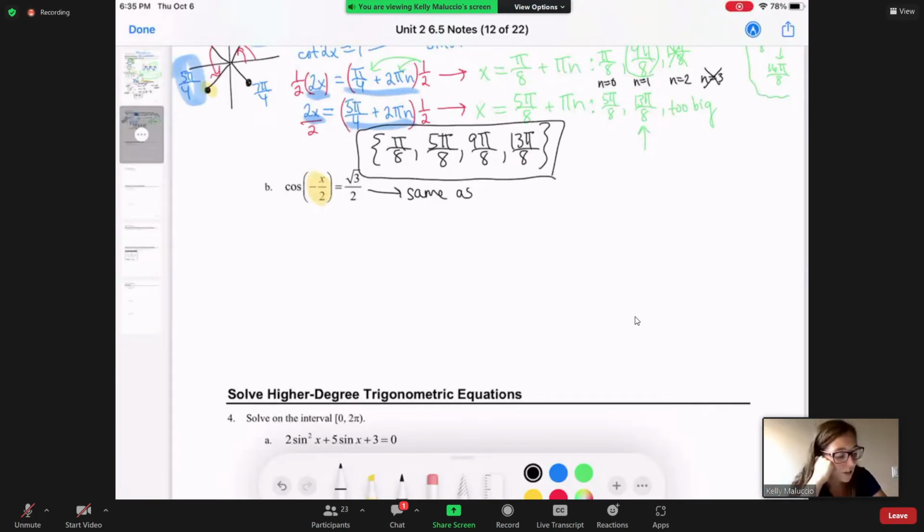Even. So this is the same as cosine x over 2 equals root 3 over 2. And I like to work with positive things better, so I'm going to work with x over 2. You don't need to do this, it's unnecessary, but in the end, you get positive numbers for x anyways because we're going 0 to 2 pi. So yeah, this works. Okay.